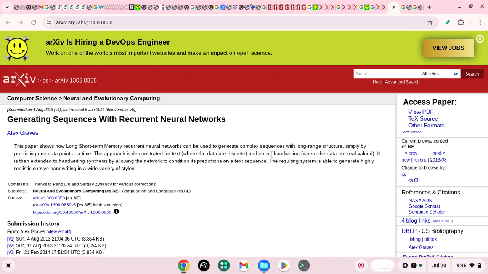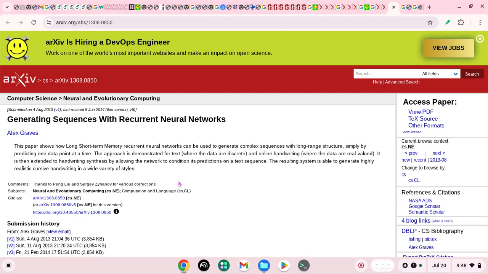All these papers will be completely analyzed in forthcoming videos. Just in this paper, they talk about how to utilize recurrent neural networks for sequence modeling. So the recurrent neural network is a specialized architecture applied for sequence modeling tasks.